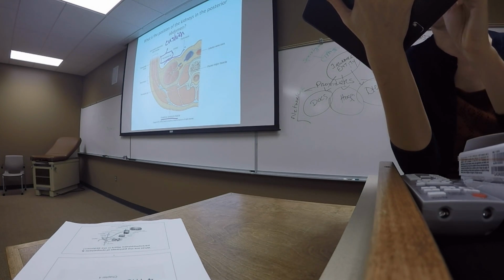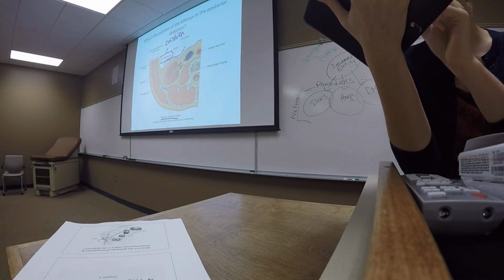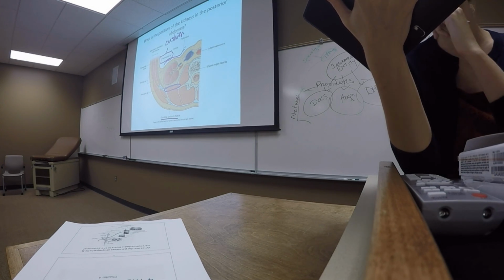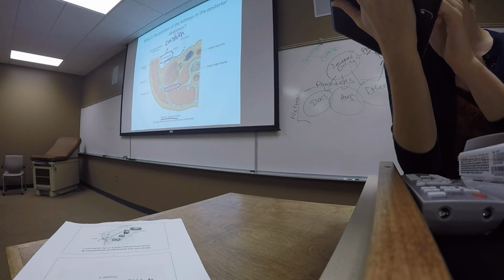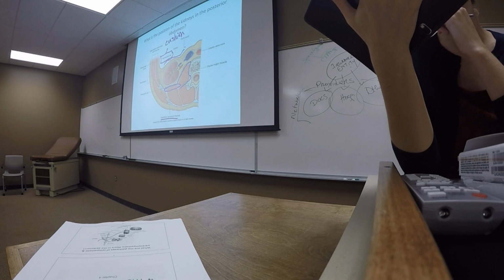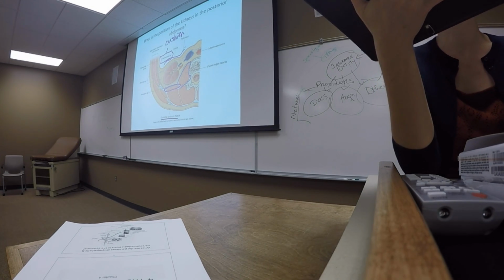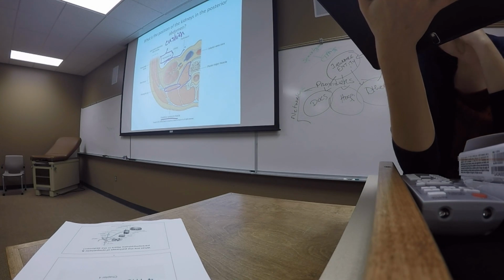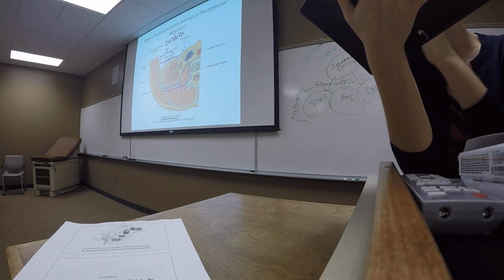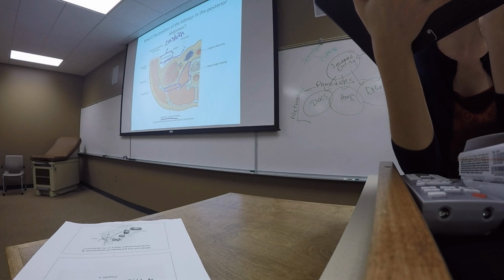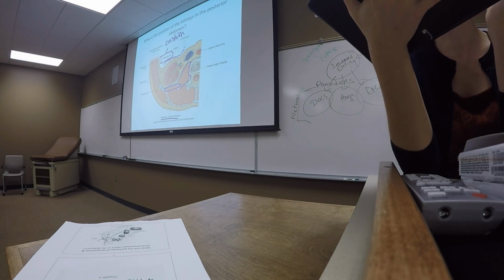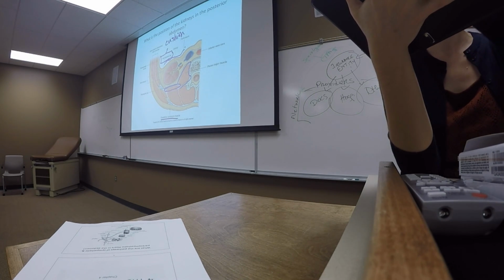Muscles, good grief, like the quadratus lumborum tucked in right here on the posterior abdominal wall, the psoas muscle here. So start familiarizing yourself with those cross-sectional diagrams again, making sure you understand the spatial arrangement of each of these structures. That's what I'm looking for.